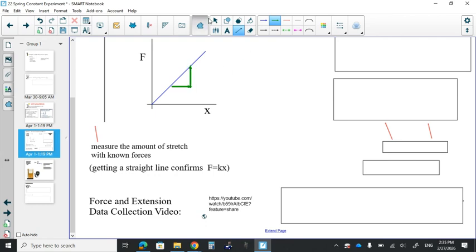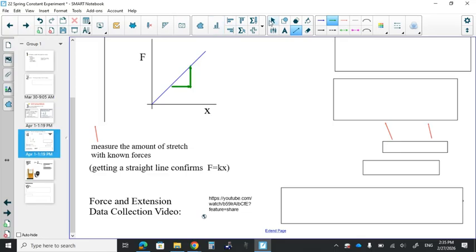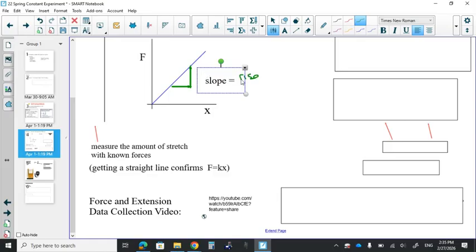You're going to measure the slope. Slope equals rise over run. In this case, slope equals rise over run is really the spring constant value, right? The smartboard's running now, so I may as well just write here: slope equals rise over run. And that is your k value. So that's not crazy hard to do.